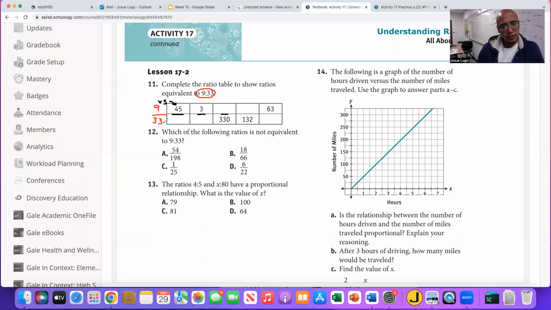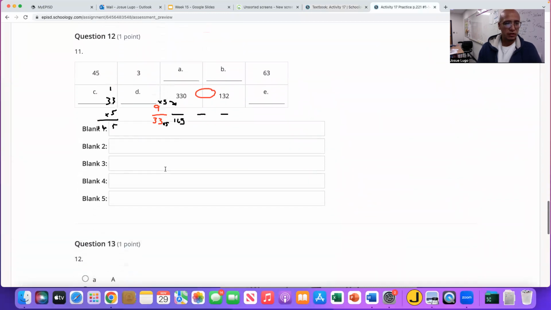So if I multiply 33 times 5, that should give me what goes down here. All right, well, 33 times 5, let's work that out. 5 times 3 is 15, plus 1 is 16, so that would be 165. So that means that 45 over 165 is the same thing as 9 over 33. And that's exactly what you would put on Schoology on number 11.